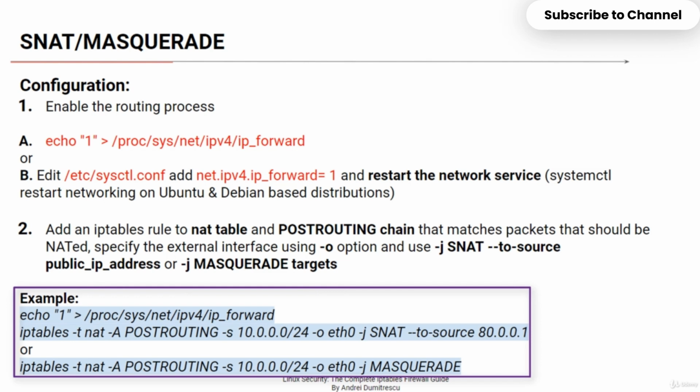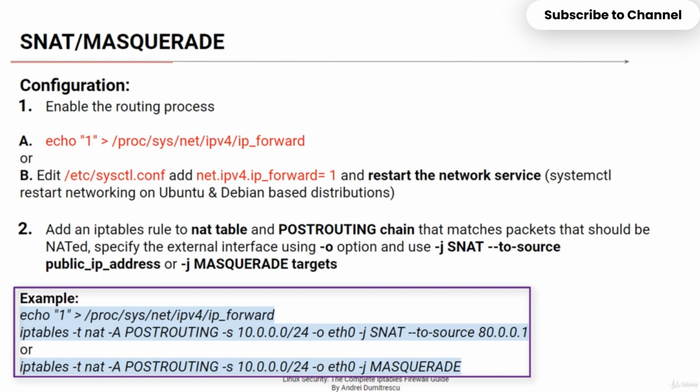First, we enable the routing process and then we add a rule to the NAT table and post-routing chain that translates all packets that have the source IP address from the network 10.0.0.0/24. The source IP of the packets will be translated to source 80.0.0.1, which we'll suppose is the public IP address of the router.